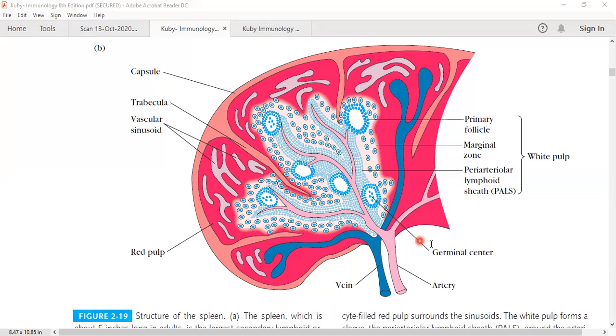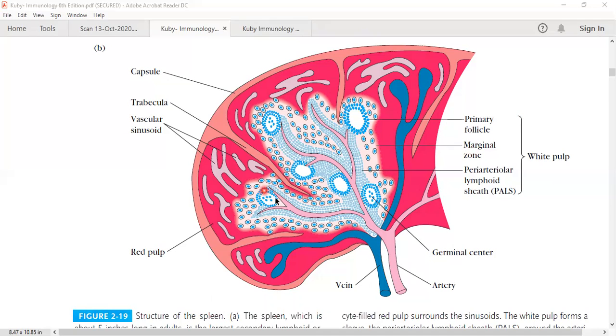All right. So the center is called the germinal center. This is the primary follicle, and this is the secondary follicle. The secondary follicle has this germinal center in which plasma cells are continuously secreting a large number of antibody molecules. Then it has a marginal zone.